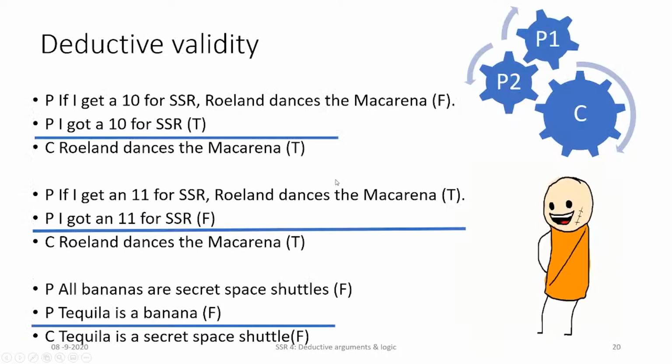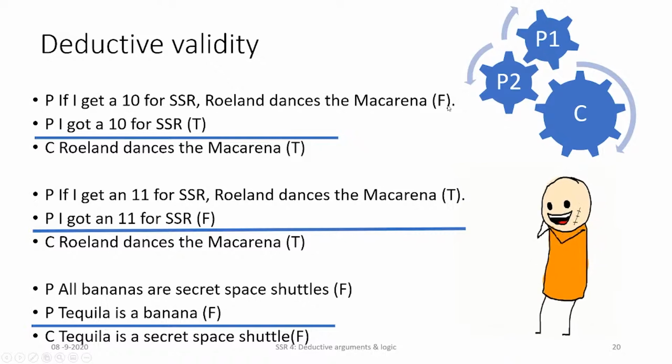And that's basically what we're checking when we're checking deductive validity. That's difficult because, as we said before, you're sometimes confused by the fact that you know some premises to be true or nonsensical. So look at the first argument: if I get the grade of a 10 for SSR, Roland dances the Macarena; I got a 10 for SSR; Roland dances the Macarena. That argument is valid, because if the premises were true, the conclusion would hold, is guaranteed to be true.